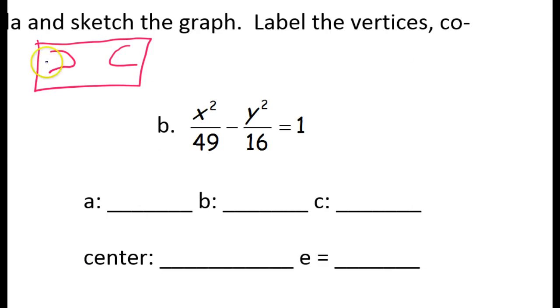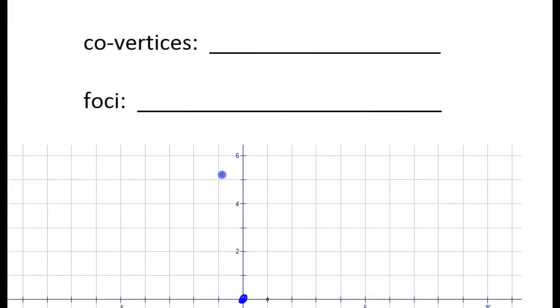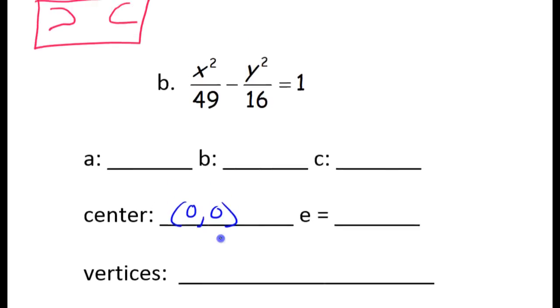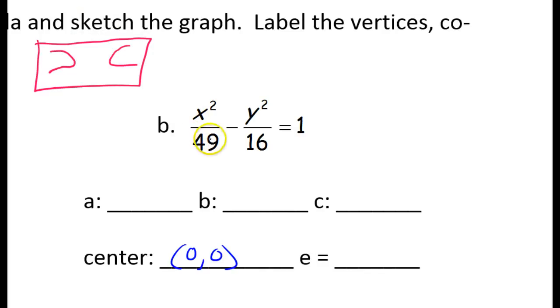So whatever else we do, in the end, make sure your branches open to the left and to the right. The center is still 0, 0, because it's just x squared and y squared. So here's my center once again. Let us find the vertices by using the a value. A squared is always going to be the denominator of the positive term, which will be first.